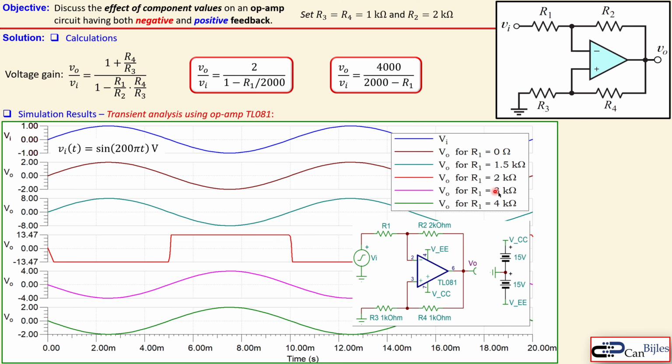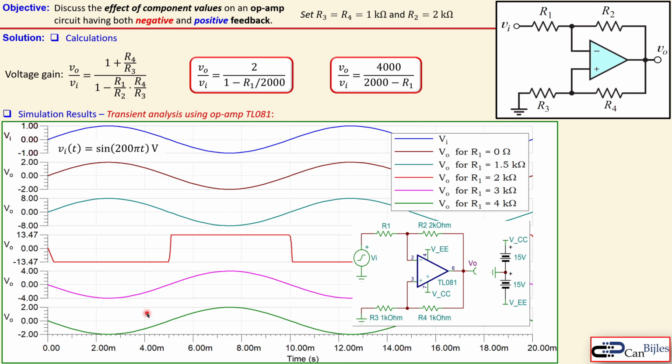Now increasing the R1 to 3 kilo ohms, you get now an inverting action because this signal goes like so, and then you get an inverting action, and now the gain is -4. And for R1 is 4 kilo ohm, you get now a gain of -2, again inverted. So that you see clearly also in the time domain that the gain will go from positive to negative.